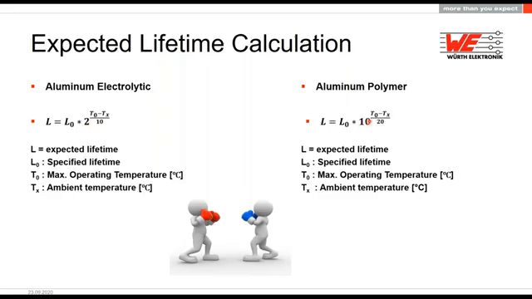Compared to polymer, when you go down 20 degrees in temperature, your lifetime gets multiplied by 10. And from the formula here, there's the expected lifetime, a specific lifetime, and then T0 and Tx are the operating temperature, and T1 is the ambient temperature. That's really different in the way the lifetime gets calculated.